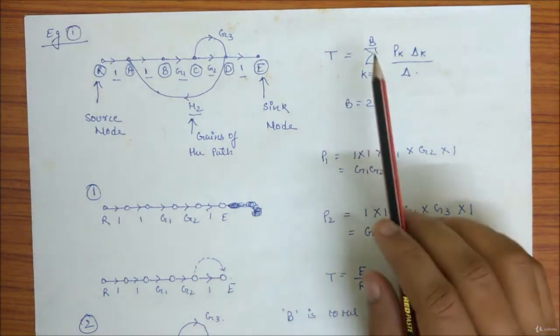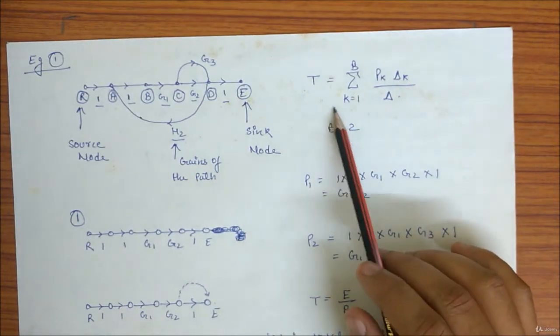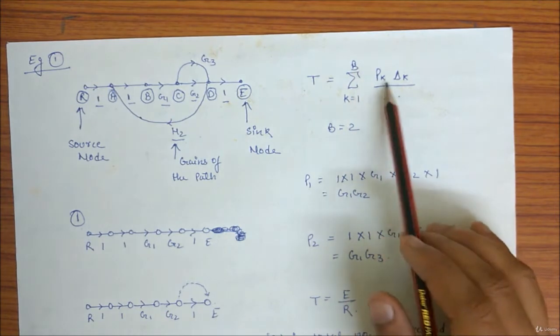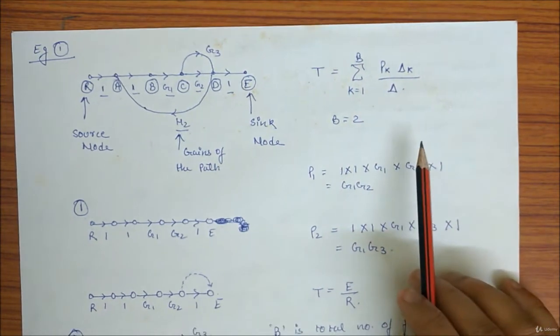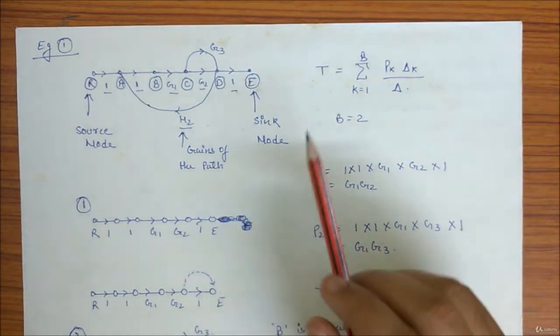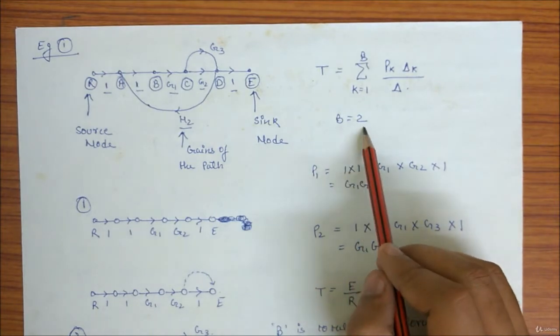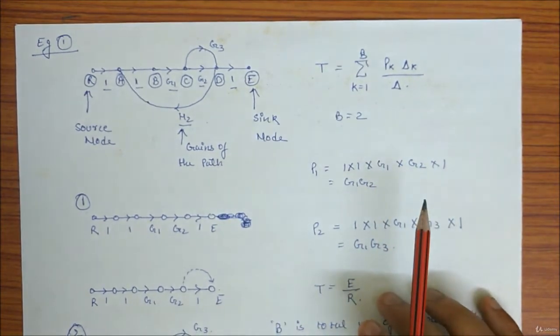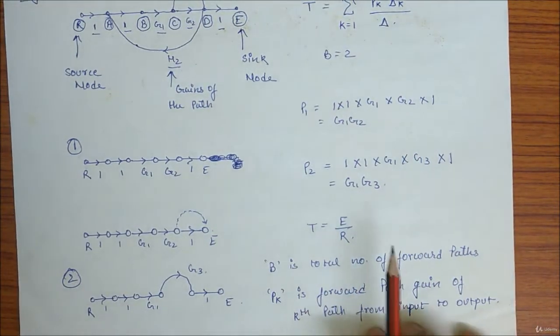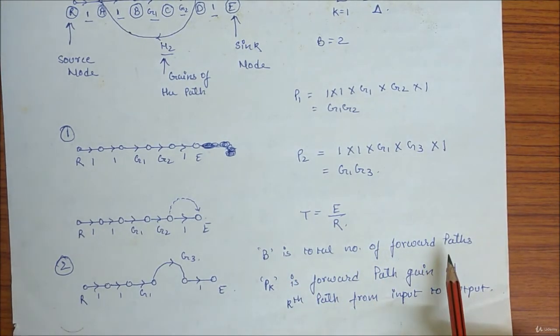Now our transfer function is defined as T equal to the summation from k equal to 1 to b of Pk del k, and so on. Here you will see there are two forward paths, b equal to 2. We defined b as the total number of forward paths.